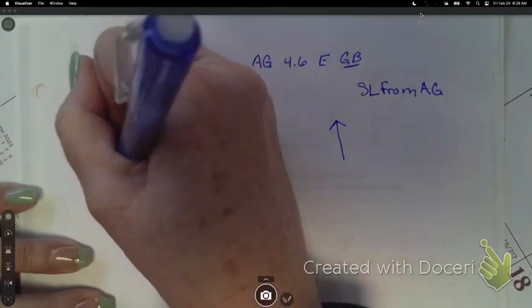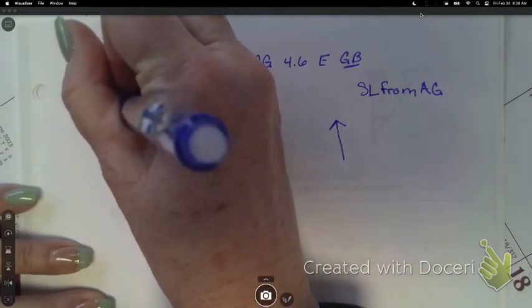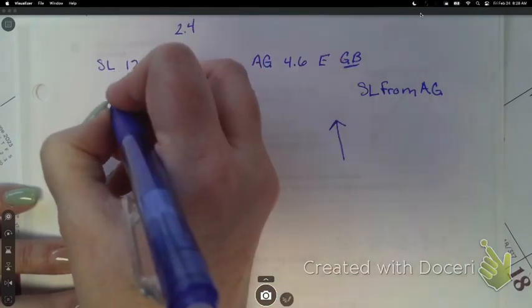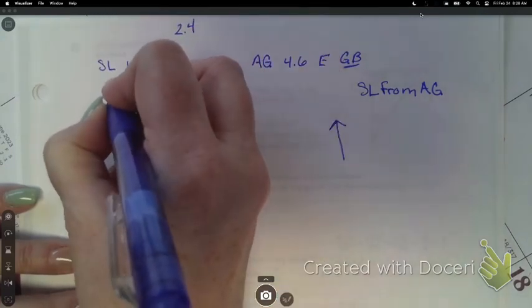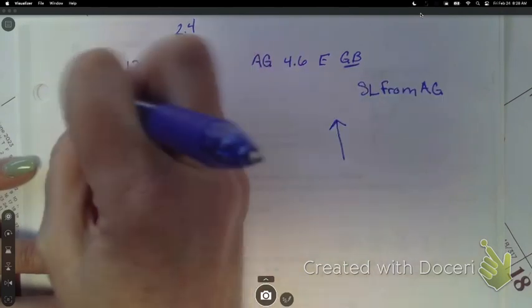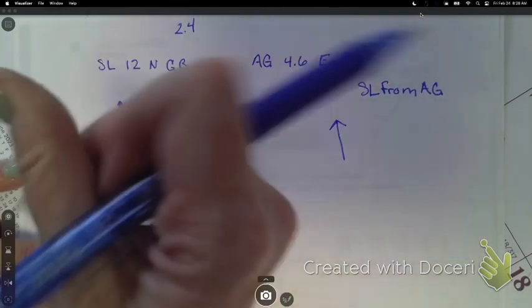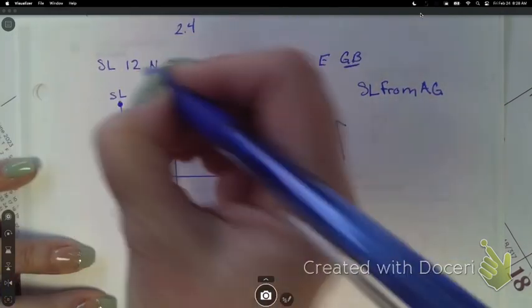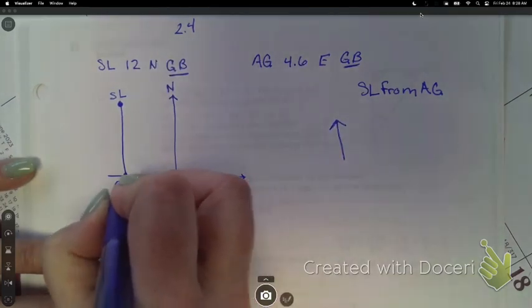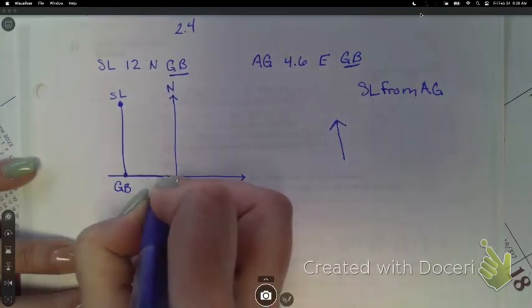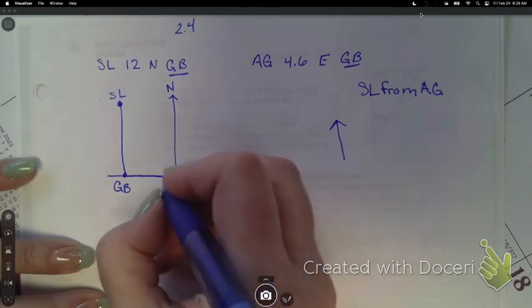And so due north is San Luis. And due east is Aurora Grande.